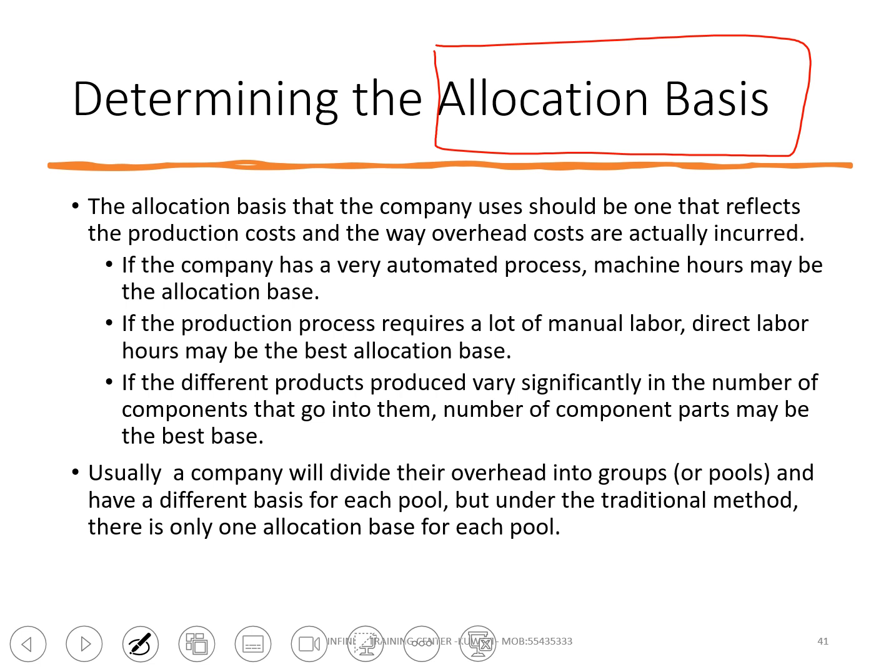So here we have to determine what allocation basis we will use, because different costs will have different cost drivers. If you take the factory rent, this needs to be allocated to the products made in your factory.